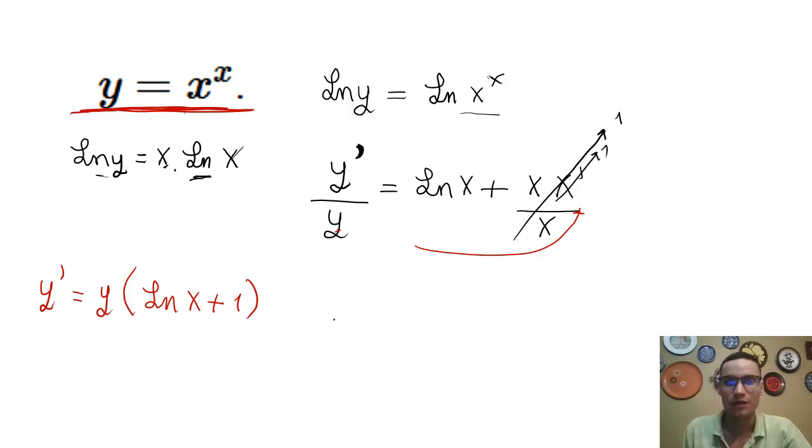So we know that y prime is equal to x to the power of x times the natural logarithm of x plus 1. This is the whole problem.